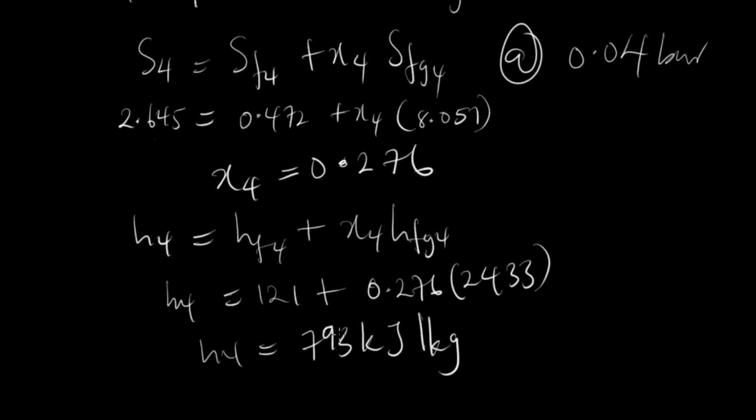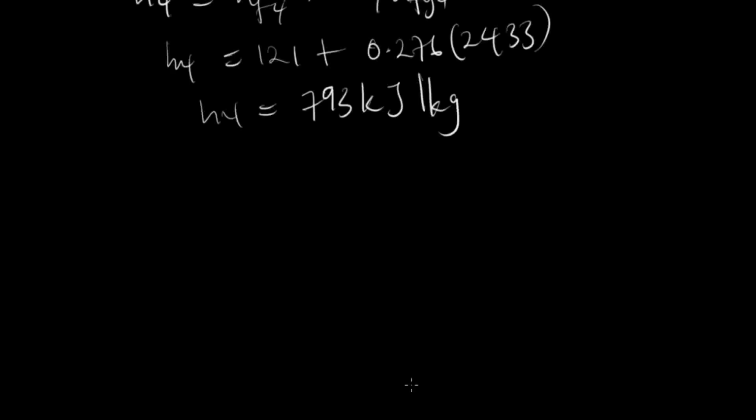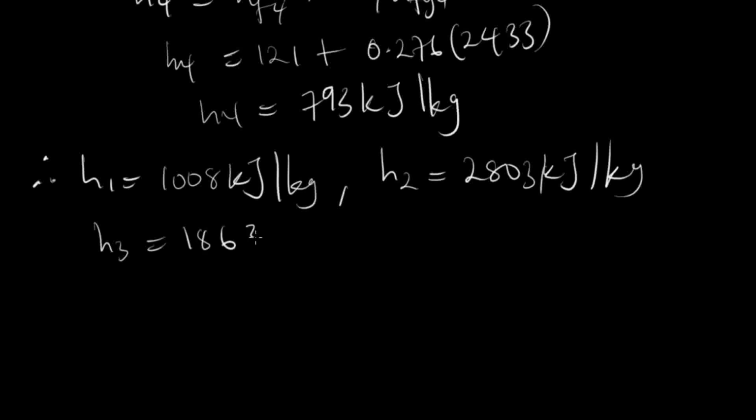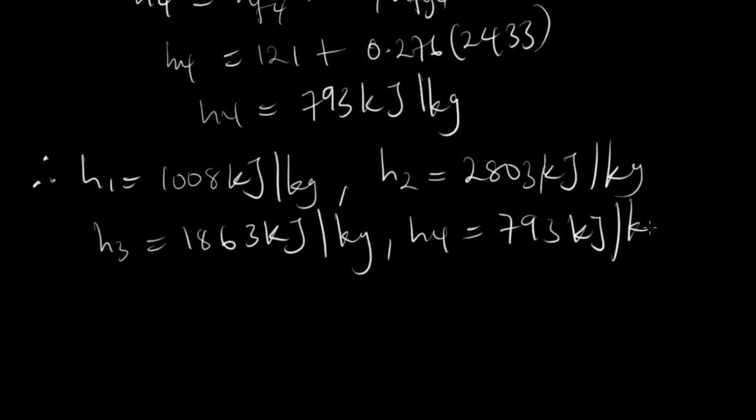So as you can see, we have found the values of H1, H2, H3 and H4. Therefore H1 is 1008 kilojoule per kilogram. H2 is 2803 kilojoule per kilogram. And H3 is 1863 kilojoule per kilogram. H4 is 793 kilojoule per kilogram.